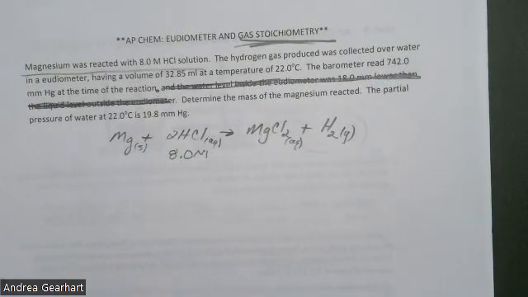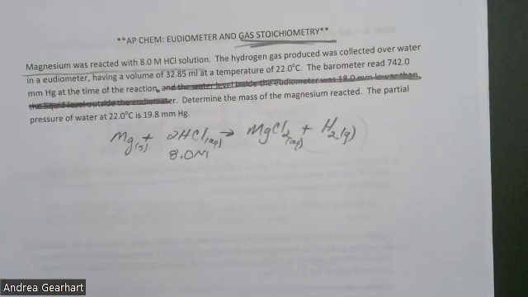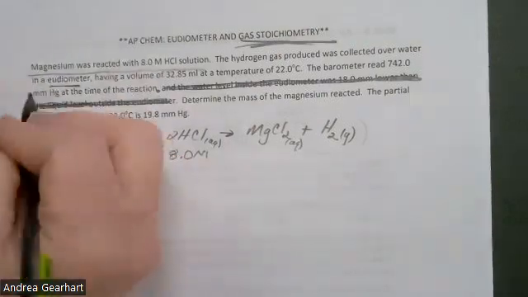A eudiometer is just a big test tube, if you will. We could also call it a gas collecting tube, a vessel, a container. A eudiometer, though, allows us to perform electrolysis. It has electrodes at the end, so that's where that comes from.